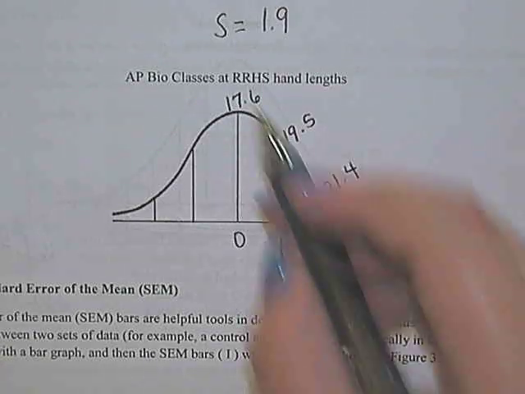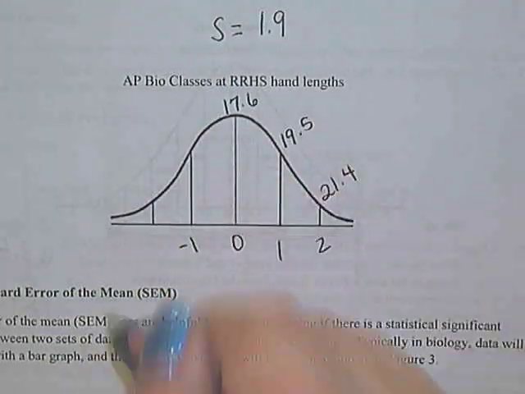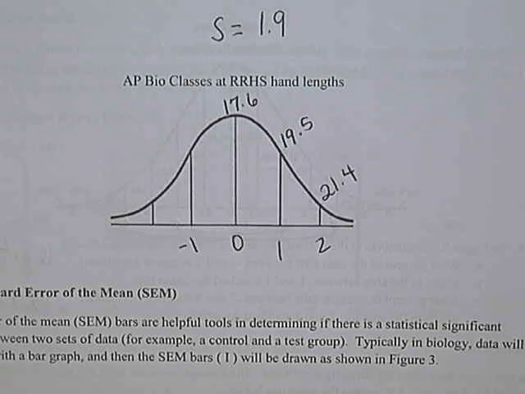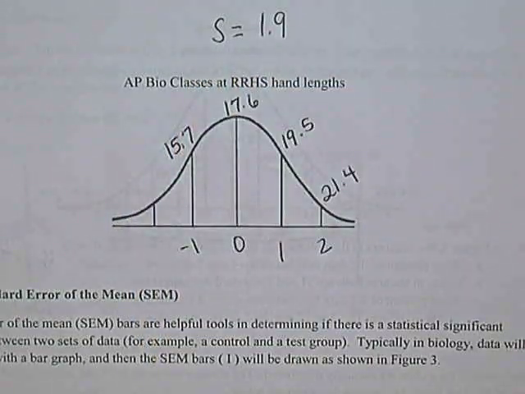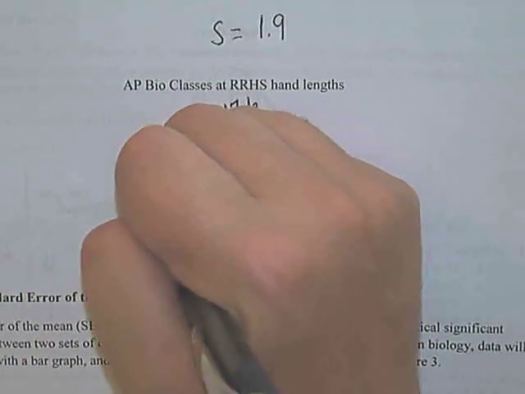So now I'm going to do 1 standard deviation below the mean. That is 15.7. And now 2 standard deviations below the mean is 13.8.